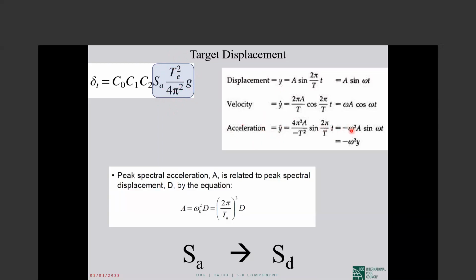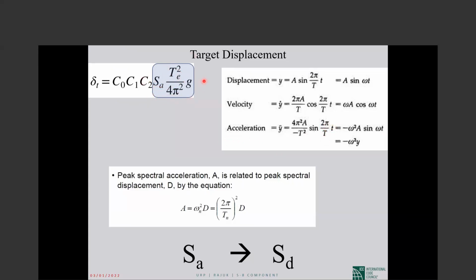You divided the acceleration by omega squared. And omega squared is (2 pi over T) squared, 4 pi squared over T squared. So when it comes to simplify that, it becomes SA T squared divided by 4 pi squared.